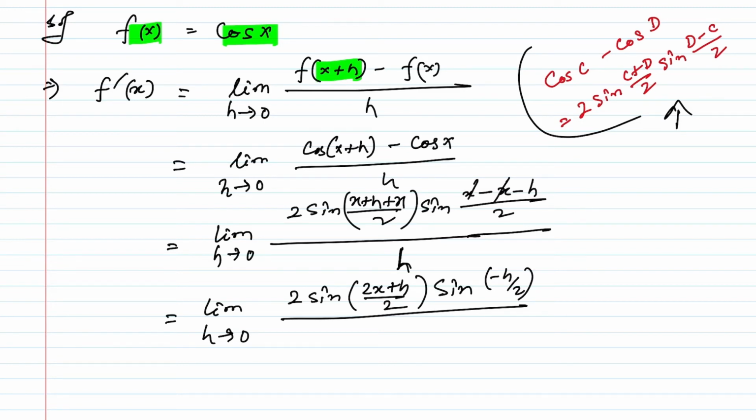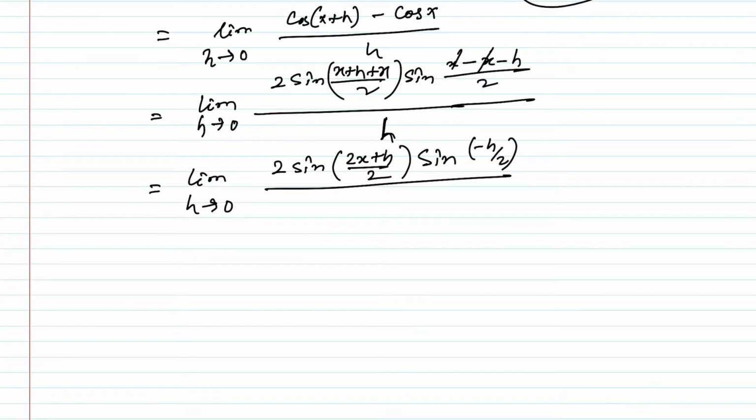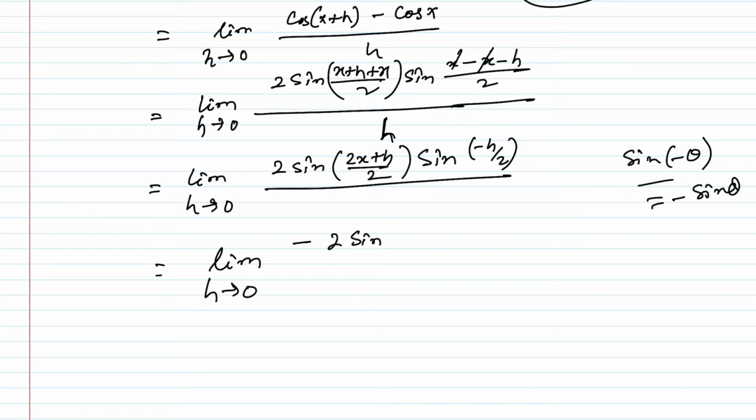Then here you see sine of minus theta is minus sine theta. That's why we will get limit h tends to 0 of minus 2 sine of (x plus h by 2) times sine of h by 2, by h.